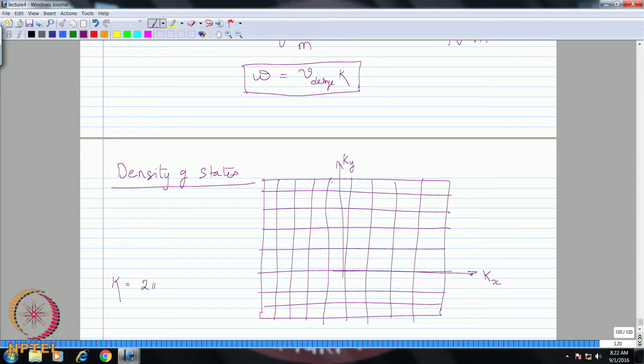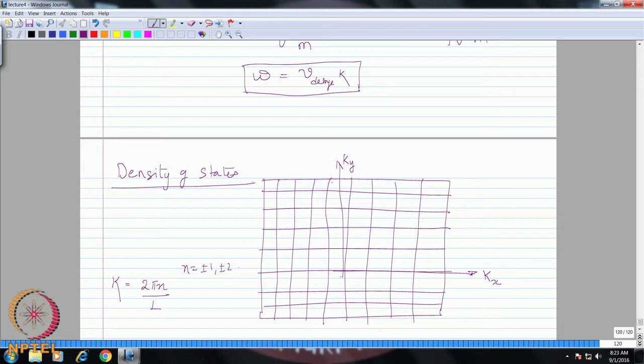They are discrete, 2 pi n by L, right. So, n can be plus or minus 1, plus or minus 2 and so on. So, therefore, what do you want this width of each mesh, each grid to be?